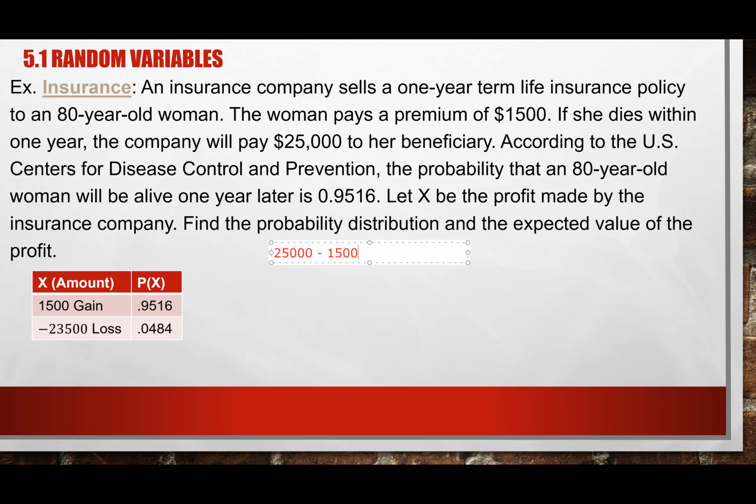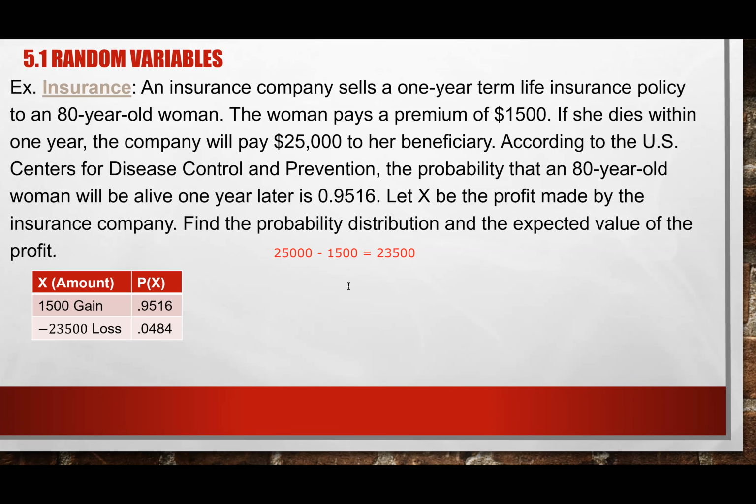So basically you take the 25,000 minus this 1,500, and that is the total loss, 23,500, for the company payout. How do I get that? I just take the 25,000 minus the woman's premium, because originally the woman paid that 1,500, so I just return the 1,500 to the beneficiary.